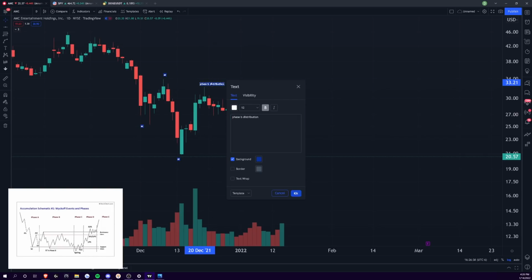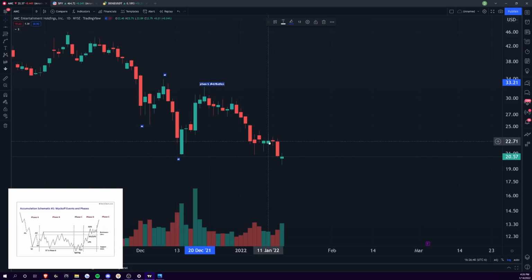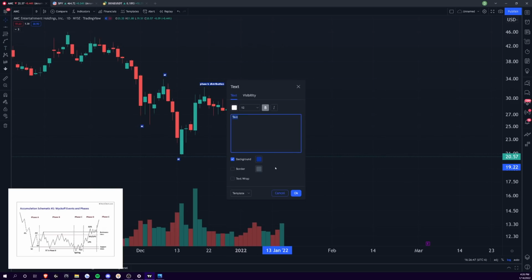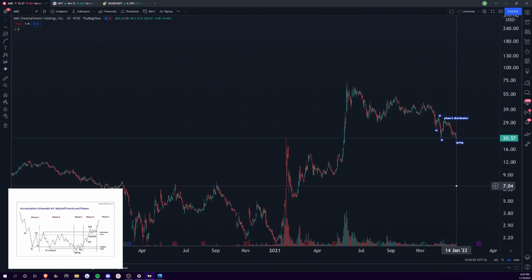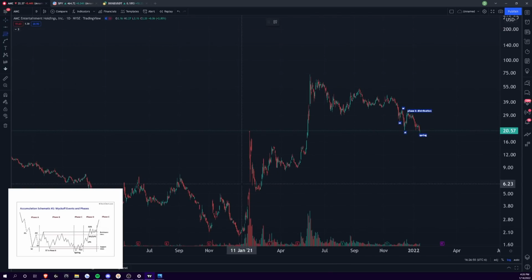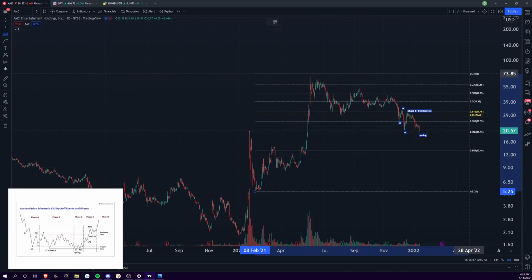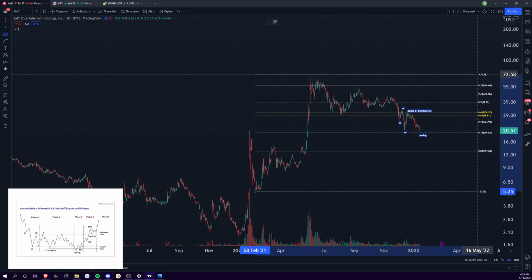And then what I was saying could happen is you could break down to this 1950-ish region, and then that would be a local spring, okay, in this shorter term accumulation. And that's what you did. And the reason that I said 1950, by the way, I'm not a wizard. I used Fibonacci. I just measured from the bottom to the top here.